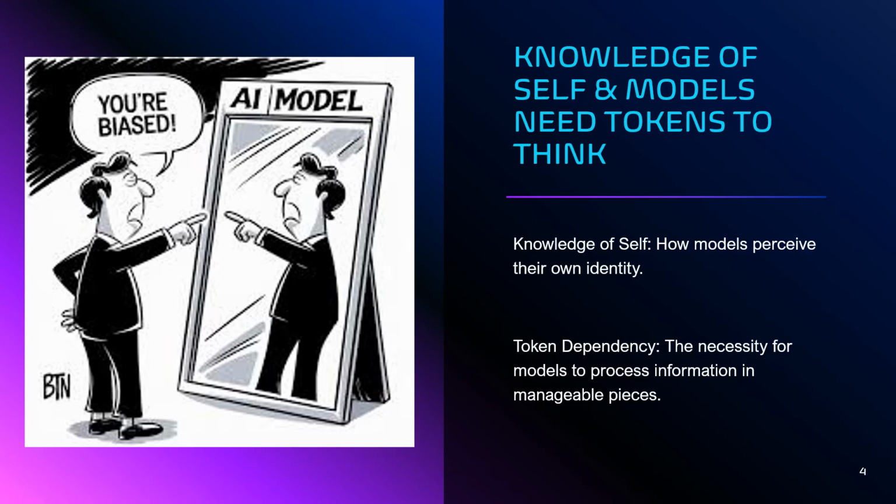So on this slide is knowledge of self and models need tokens to think. We all know what tokens are. They're pieces of text that you input into the prompt, and it splits that sentence into tokens, bits of information, and puts it through the LLM.